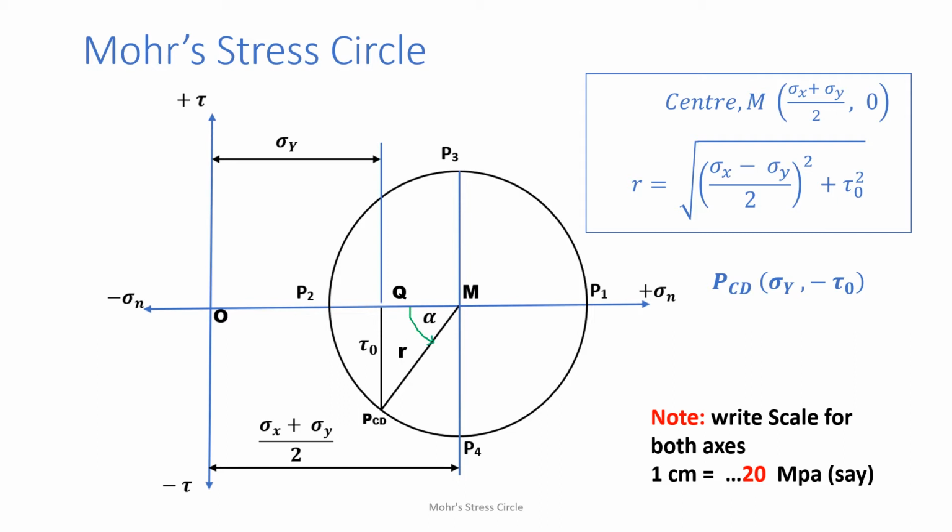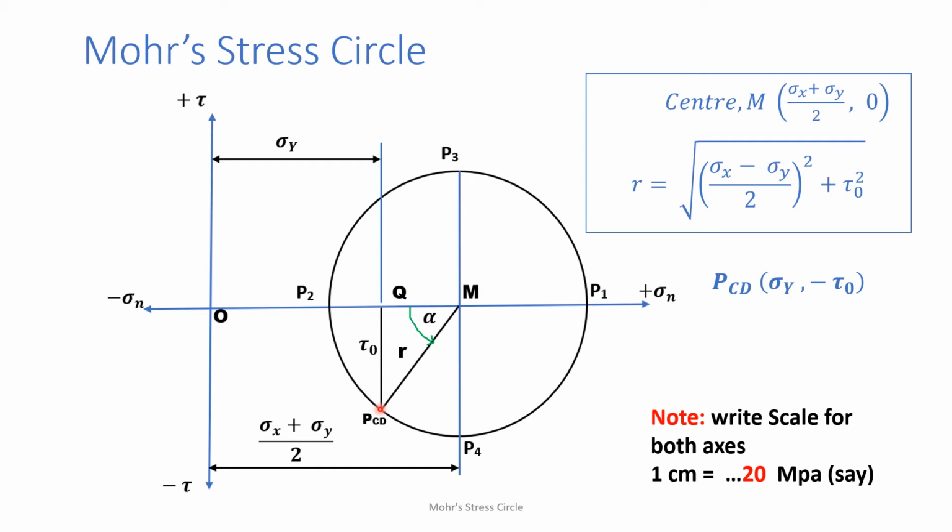Now we have found the stress for plane CD, the horizontal plane: positive sigma y and minus tau naught. So these stress coordinates will be represented as a point. The plane in the actual point ABCD of the material is here represented as a point PCD.